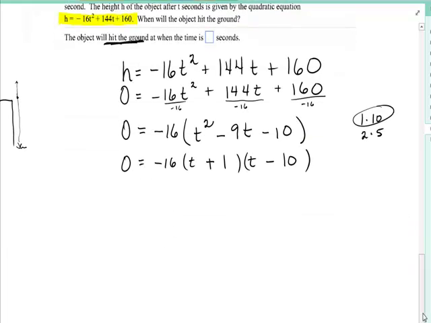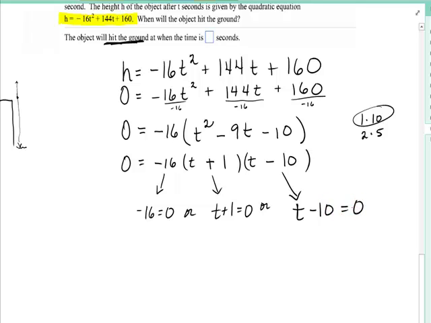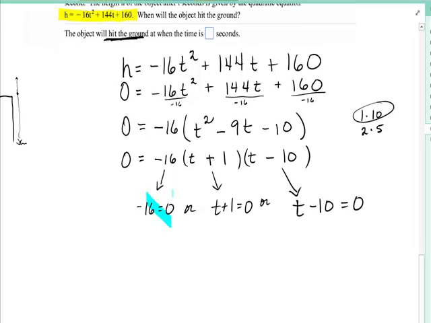It's equal to 0. Now, if the product of these is 0, then negative 16 is 0, or t plus 1 is 0, or t minus 10 is 0. Now here is a little bit of nonsense again. Negative 16 cannot be equal to 0.